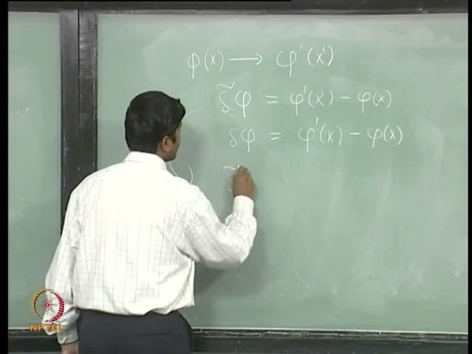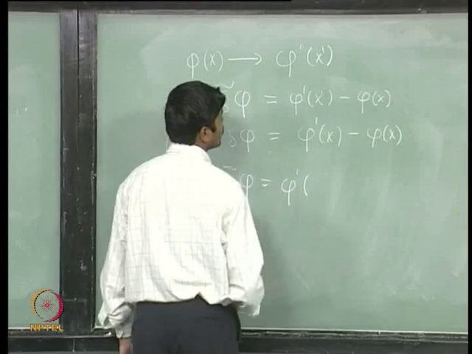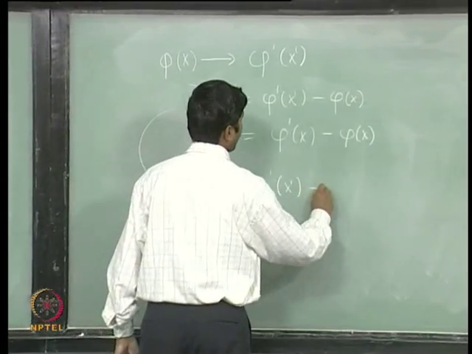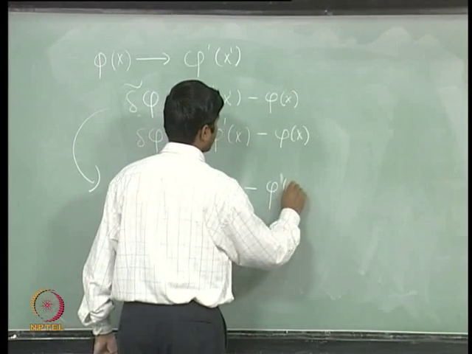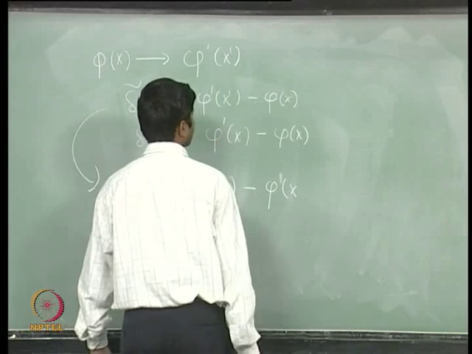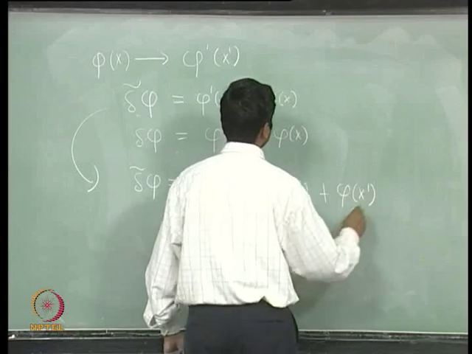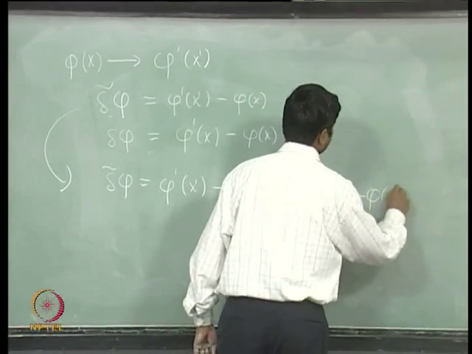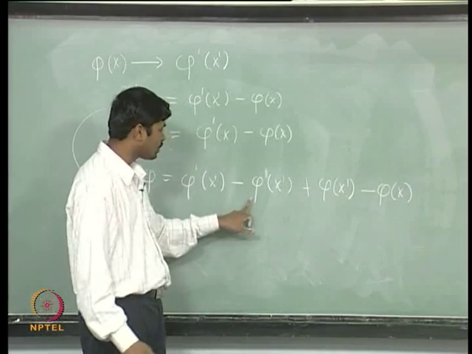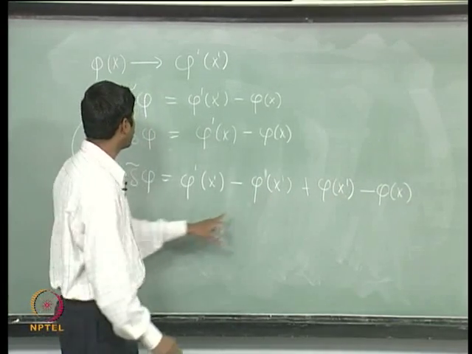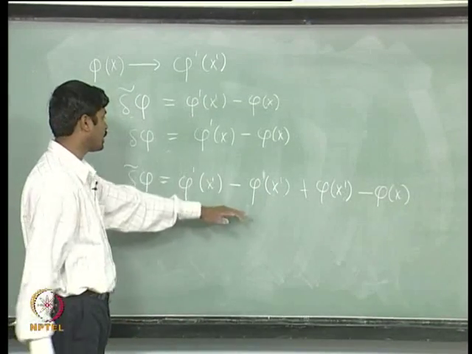So, delta tilde of phi can be written as phi prime of x prime minus phi of x prime plus phi of x prime minus phi of x. So, what I did is I added phi of x prime and also subtracted the same thing; I just rewrote it in a trivial way.